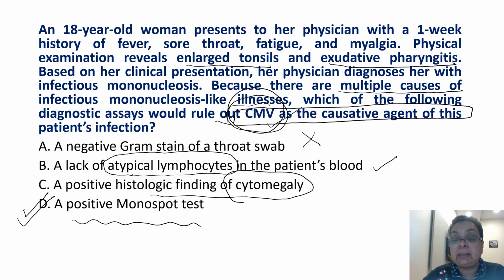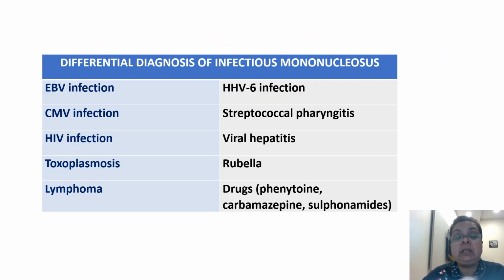Let us in the end find out what are the differential diagnoses of infectious mononucleosis-like symptoms. EBV, of course, causes heterophile positive infectious mononucleosis. The rest of them would be heterophile negative infectious mononucleosis. CMV is the most common cause of heterophile negative infectious mononucleosis.